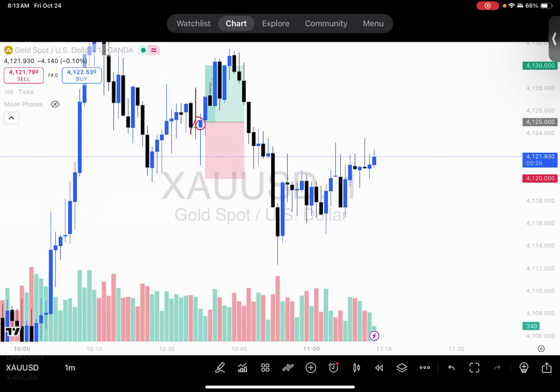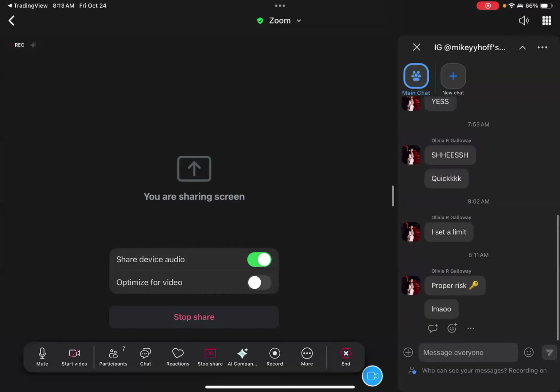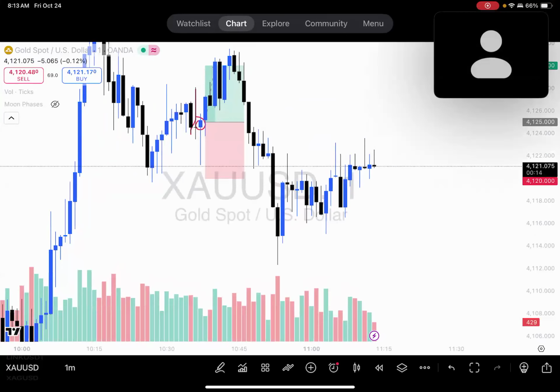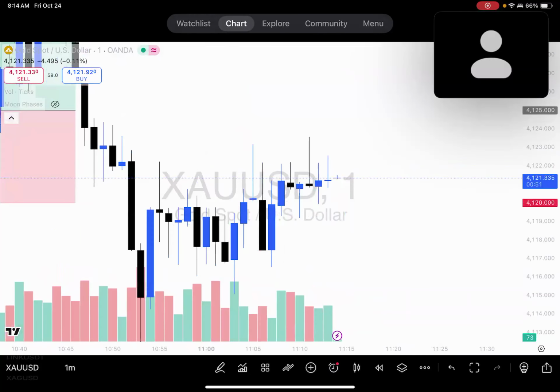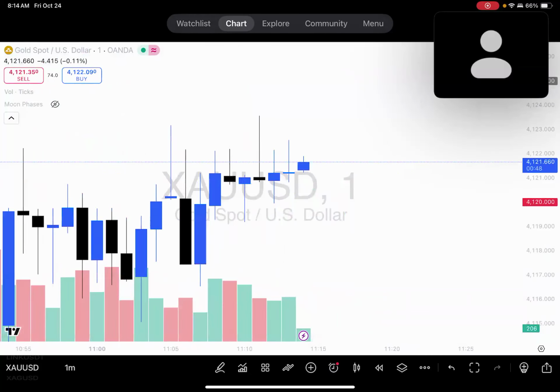Very interesting. There's a lot of wicks and not very big candle bodies that we're printing right now.